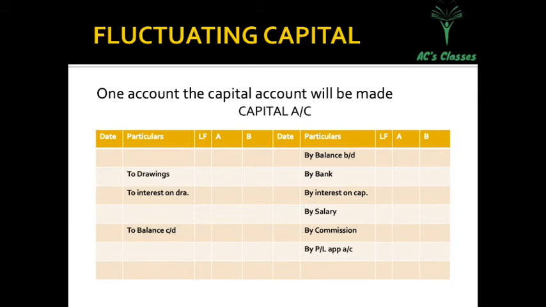Remember this, that we are preparing the capital account either in the fluctuating or in the fixed method to find out the balance of the capital of the partners at the end of the year, which will be required to prepare the balance sheet if it is asked in the question.